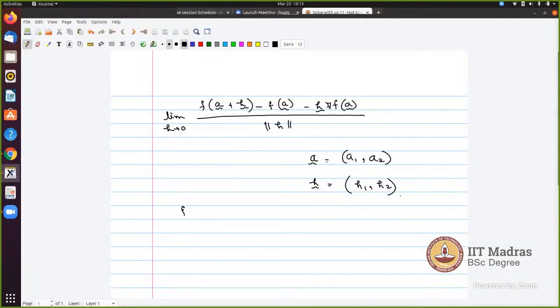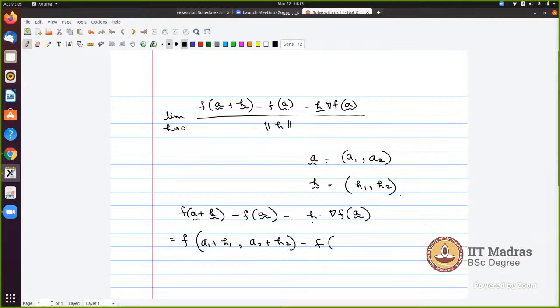This is saying f of a plus h minus f of a minus h dot grad f. What does it mean? a plus h is the usual vector addition, coordinate-wise: (a1 plus h1, a2 plus h2).